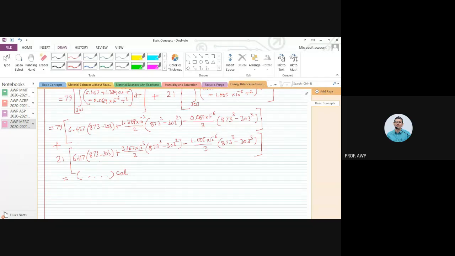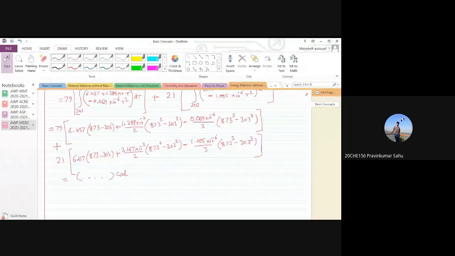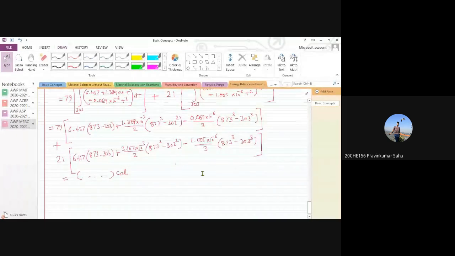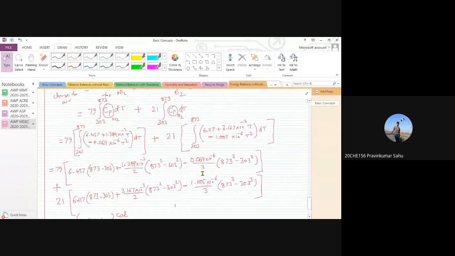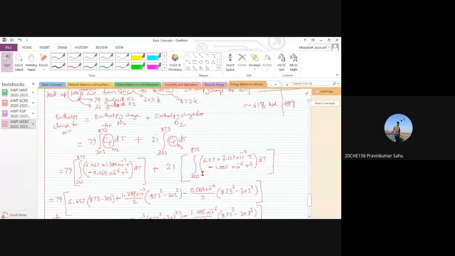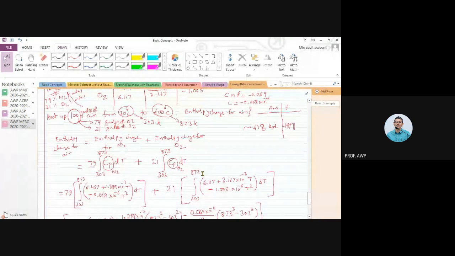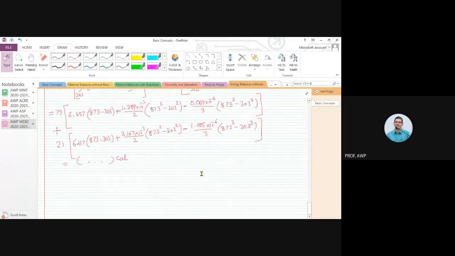Somebody was asking some doubt. Sir, what I did was I calculated first the A, B, C values separately for air by using their mole composition, and then calculated the integral. You calculated A, B, C values for air first, separately. Okay, fine.